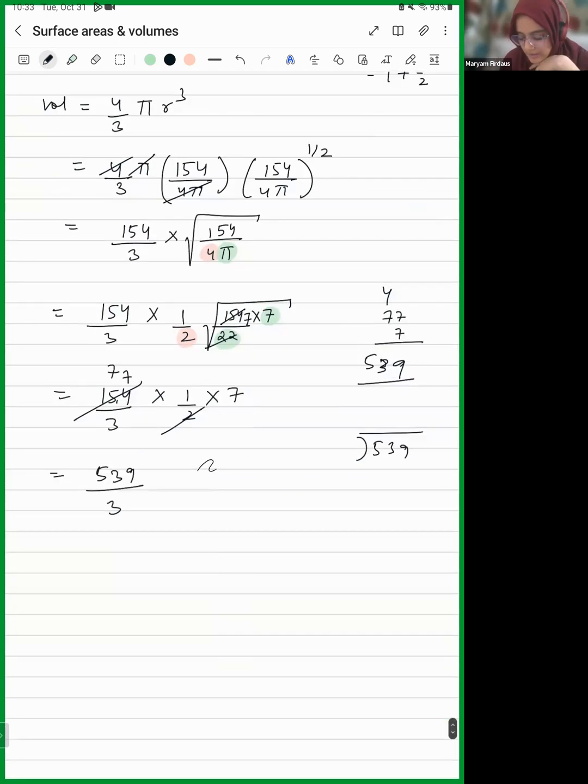Exactly equal to 179? 539 is not divisible by 179. It should be 179 point something, right?